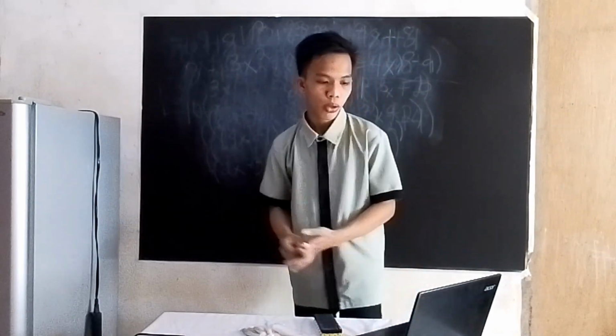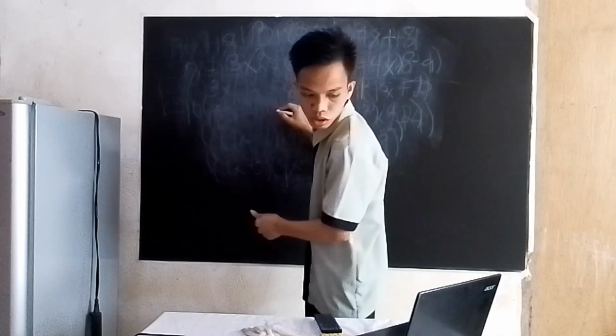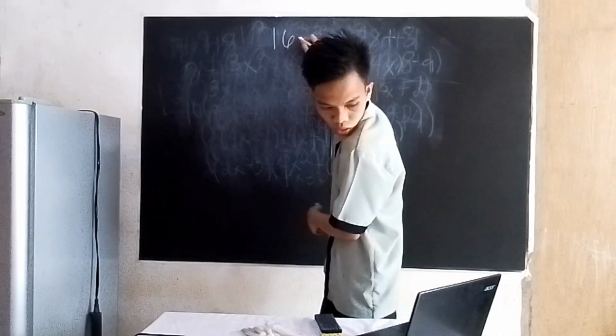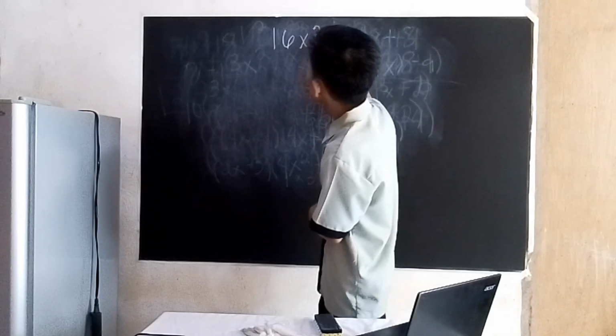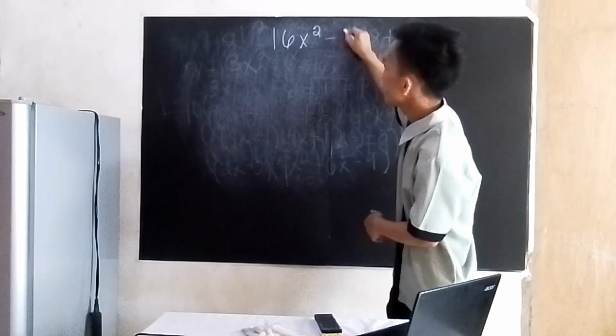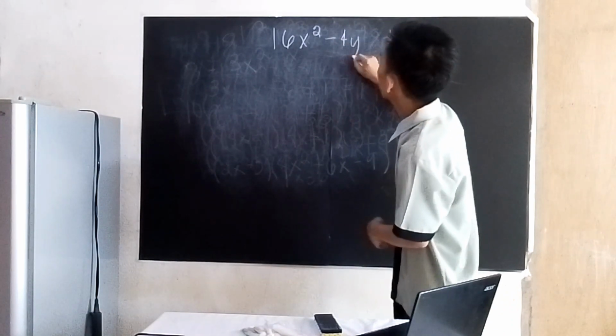So another example: 16x squared minus 4y squared.